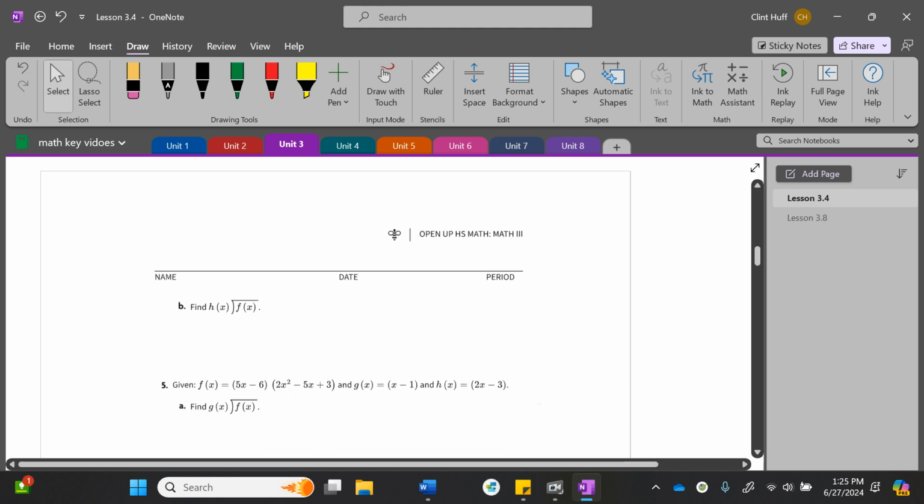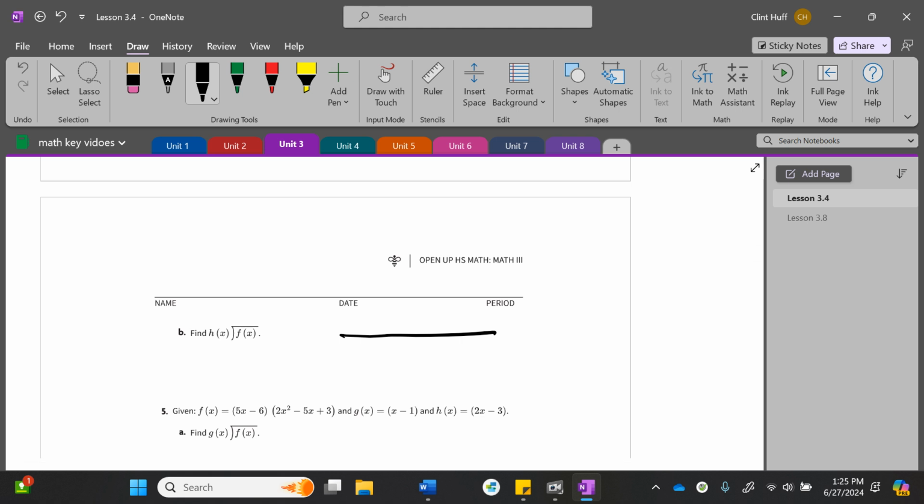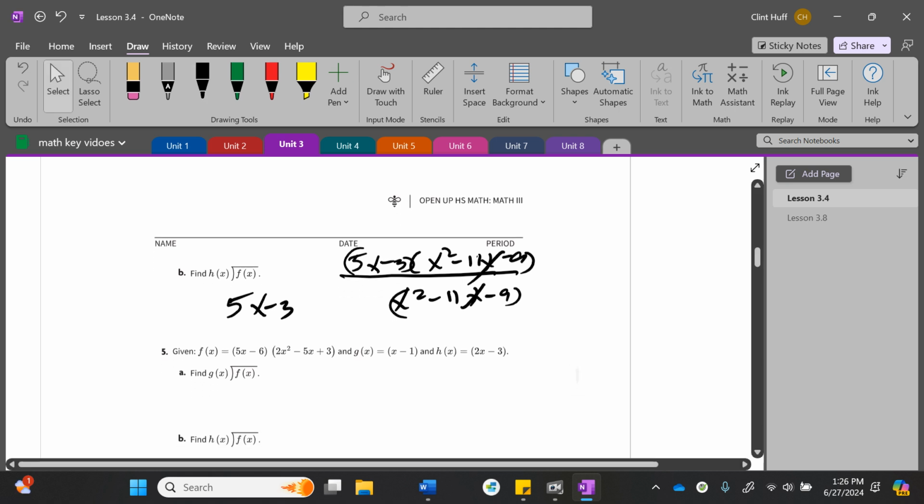Part B of number 4, my numerator is still f at x, so that's going to be 5x minus 3 times x squared minus 11x minus 9. My divisor is h at x, which is x squared minus 11x minus 9. So this time the trinomials cancel out and the quotient is 5x minus 3.